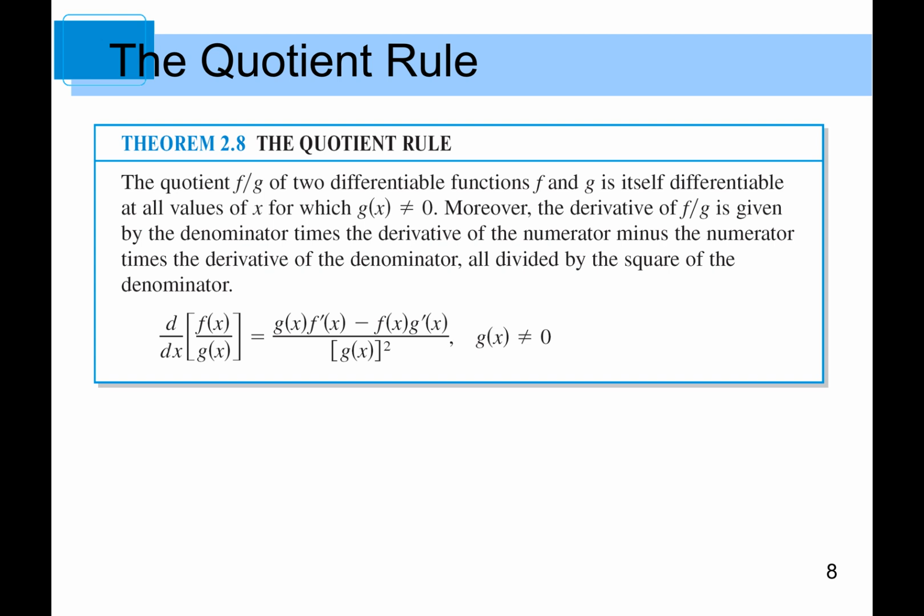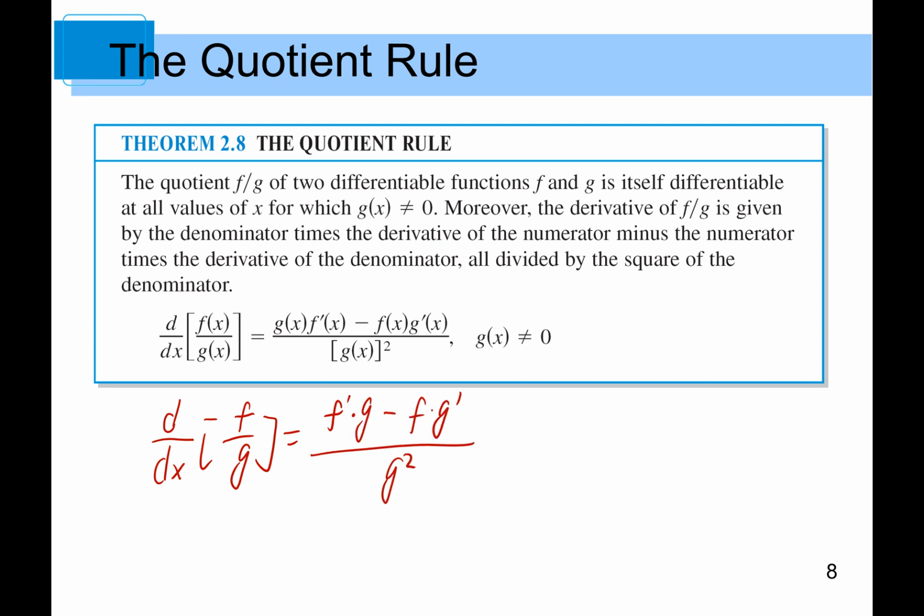So in this case, just like what I did before, f over g is going to be f prime times g minus f times g prime, over g squared.